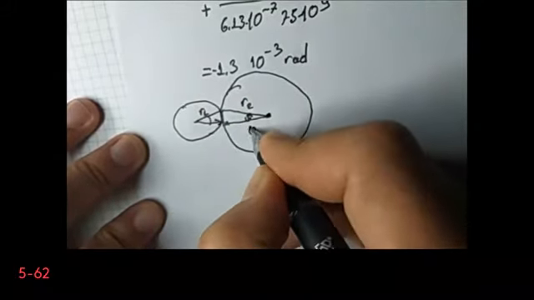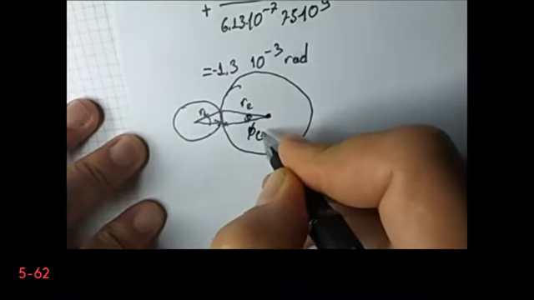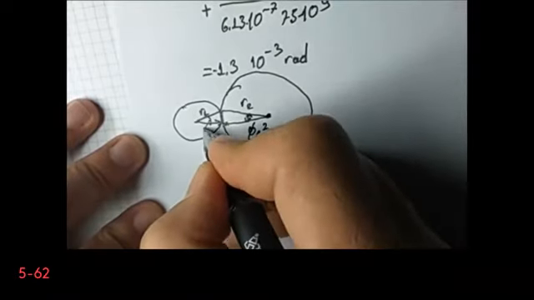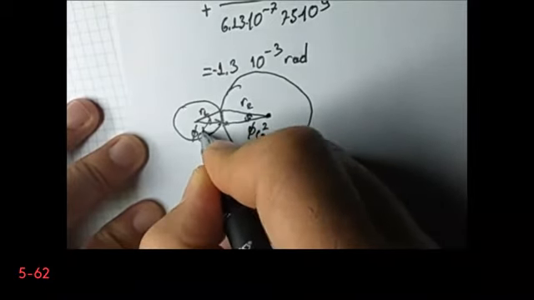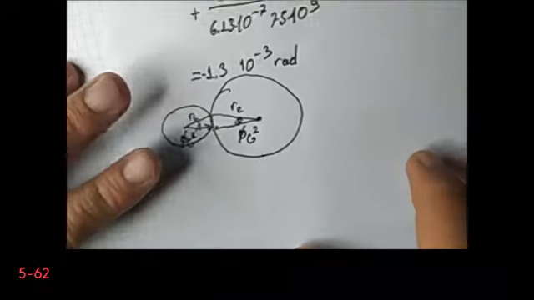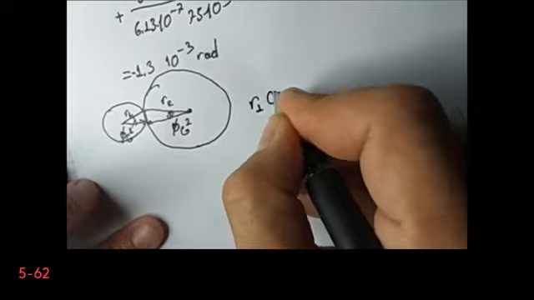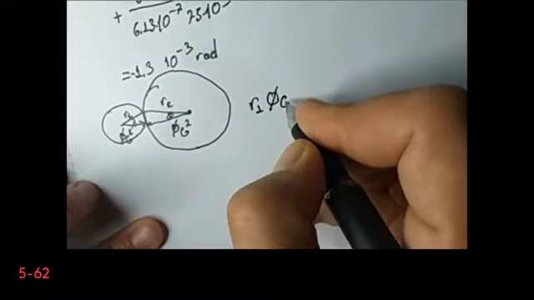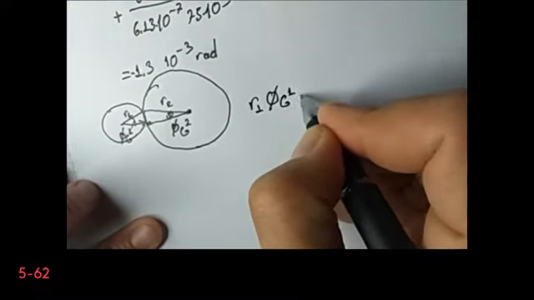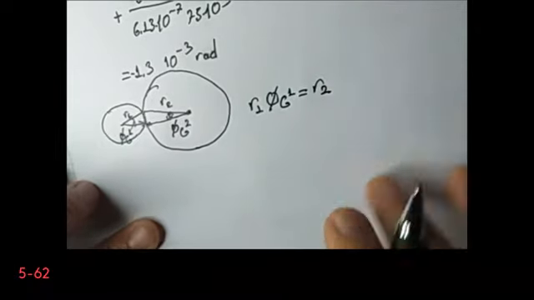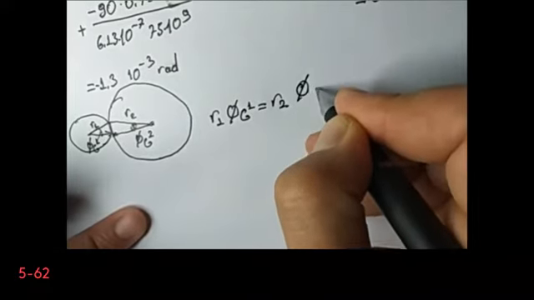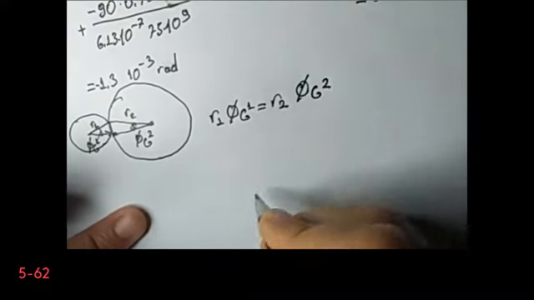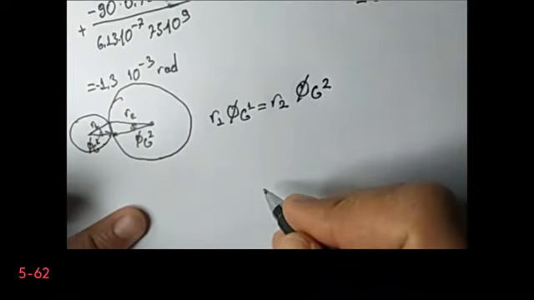So this is phi G2 and this is the angle of rotation of gear 1. Since the deformations are small, I can easily write that R1 multiplied by phi G1, the rotation of gear 1, is equal to R2 multiplied by the rotation of, or the angle of twist of the gear 2.